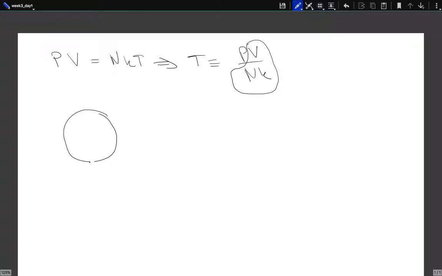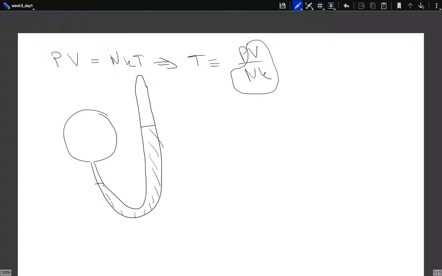So we take some reservoir of ideal gas. This is a thin tube. So we fill it with some kind of a fluid. So basically this height, the actual height times rho, is nothing but the pressure of the ideal gas.